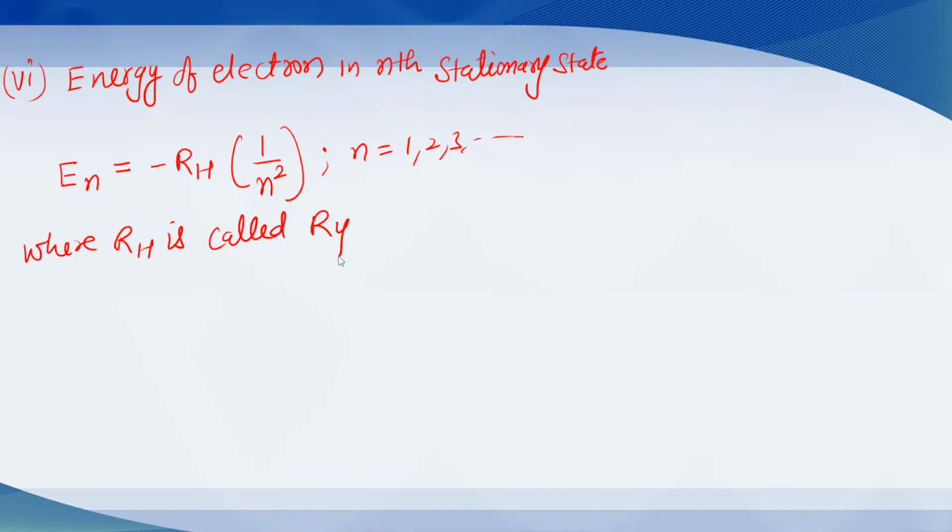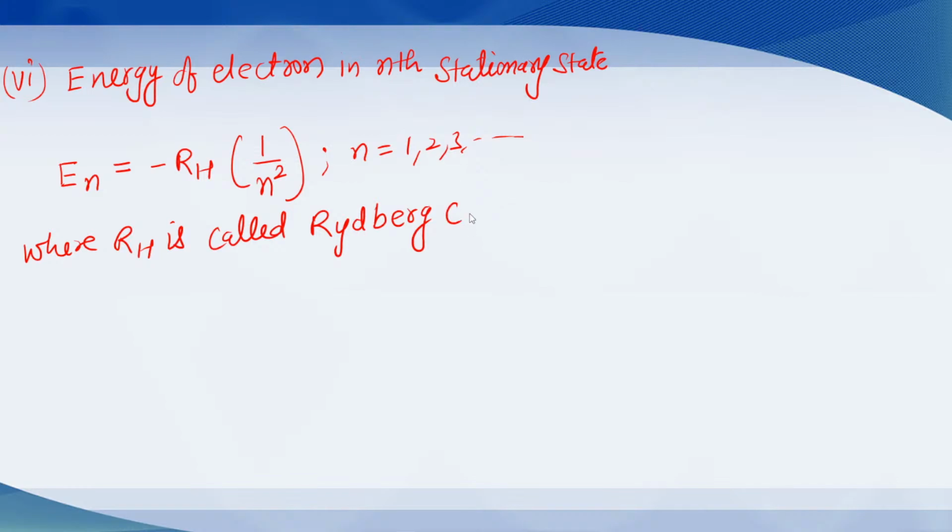But now unit has been changed, because in last case we had wave number. We have written 1 upon lambda equal to nu bar equal to RH. Remember?